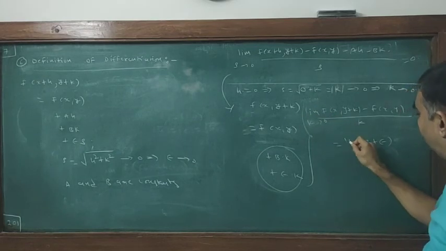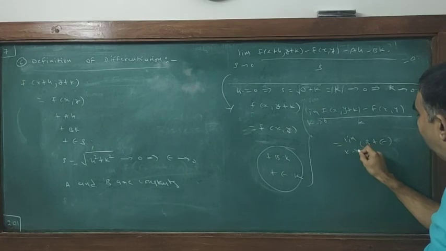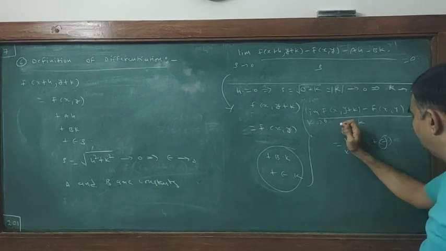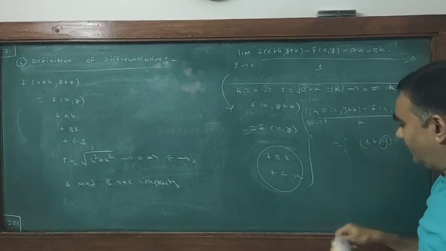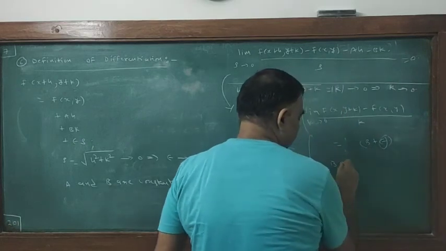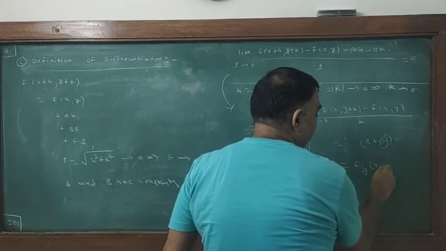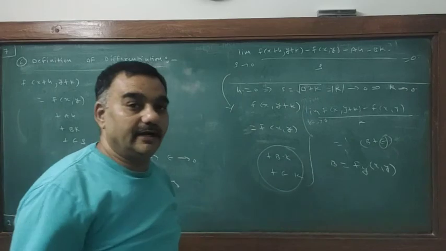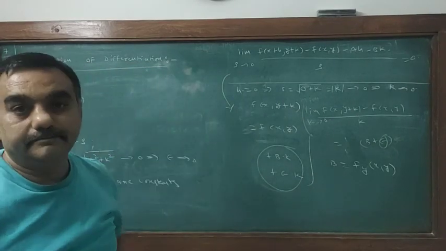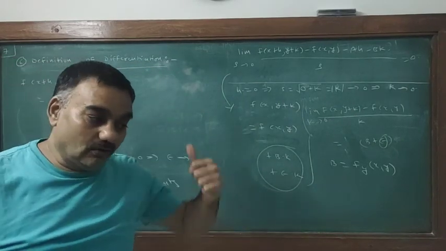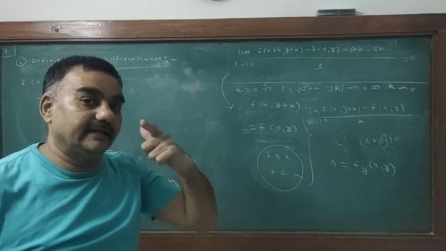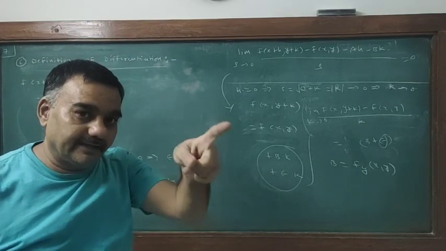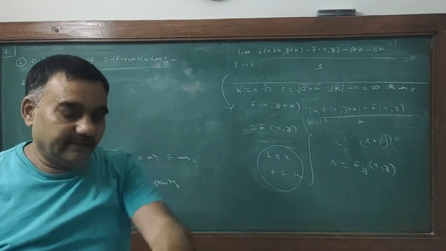K tends to 0. This epsilon is 0. On this side, what is the value of b? That is f of y at point x, y. And in the definition I said that a and b are independent of h and k, recall that.